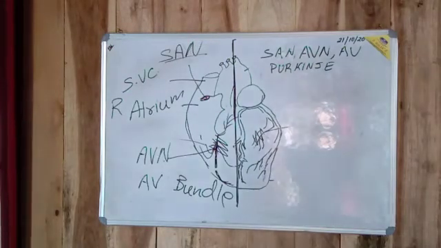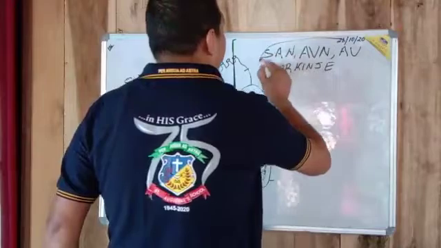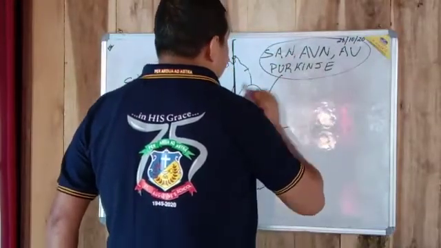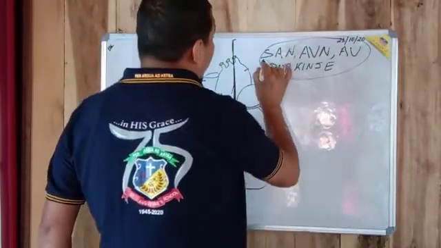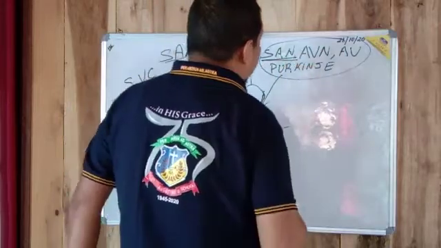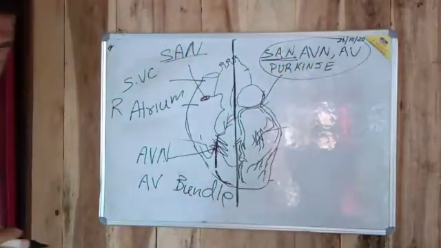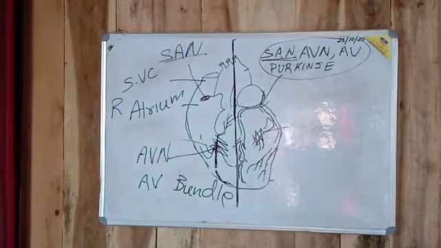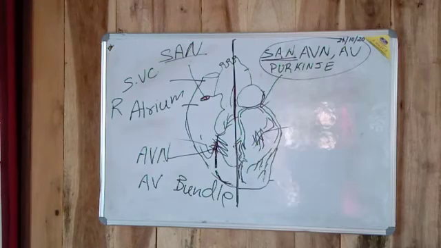They all together provide the impulse to the heart, which is the pacemaker of the heart. Out of which this SAN is very important, because this SAN generates a maximum action potential, from 70 to 75 times a minute, and therefore it is also called the pacemaker of the heart.